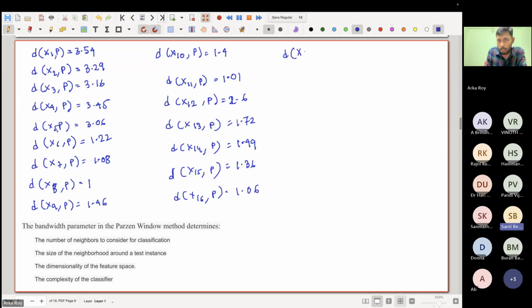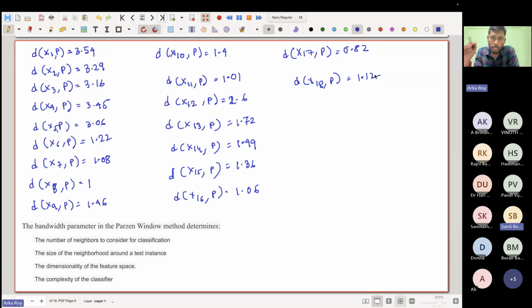The x17 comma p is 0.82. The x18 comma p is 1.12. So this is the distance value from p to all the data points.